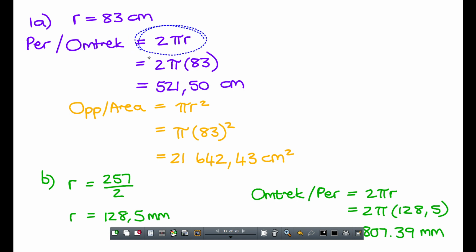Now, 2 times radius would be diameter. So that's why sometimes they would say pi times diameter. But over here, radius squared is not going to give you diameter. So you can't use diameter when you do area.